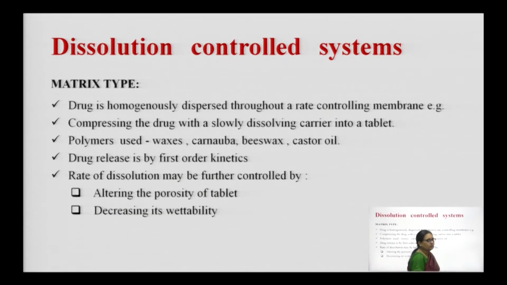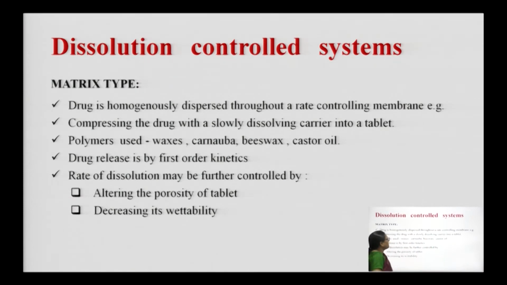So, as I told you, there are two types of dissolution controlled systems, matrix type and reservoir type. The basic system is the matrix type. Here the drug is homogeneously dispersed throughout a rate controlling membrane. The polymeric membrane is called the rate controlling membrane here, because it will slow down the dissolution of an otherwise highly soluble drug.